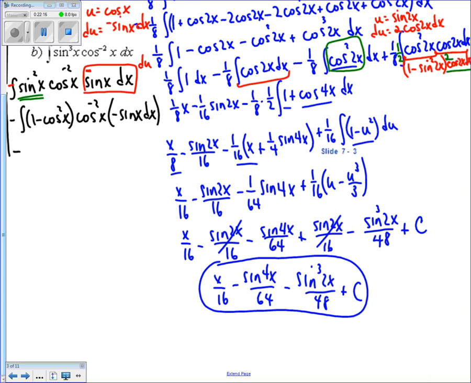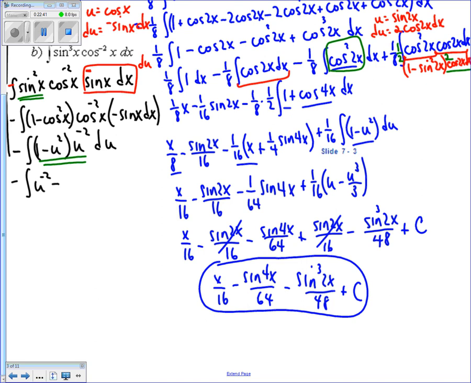We've got our negative 1 minus u squared times a u to the negative 2, and then there's our du. Now, to integrate this, we're going to need to multiply it out. Again, there's no product rule for integrals, so you want to write it as sums of powers. So this is a negative, the integral of u to the minus 2 minus u squared times u to the minus 2.